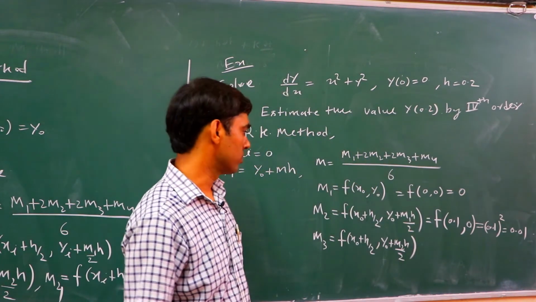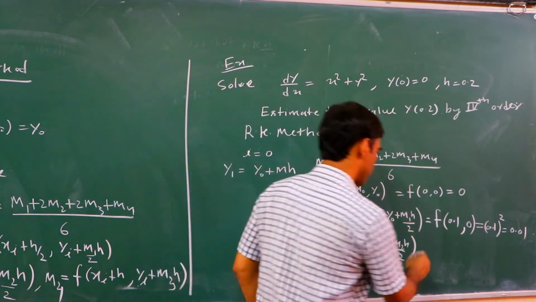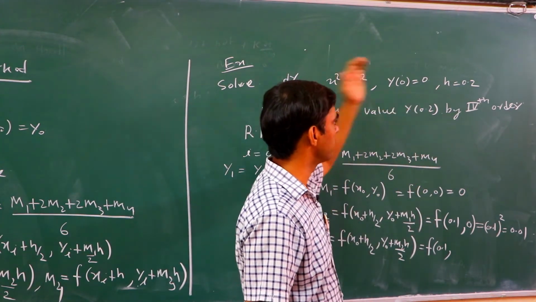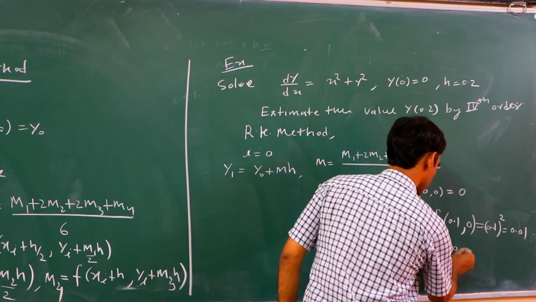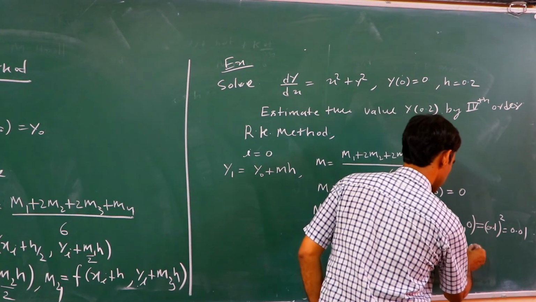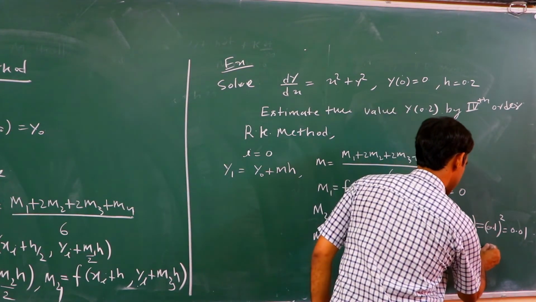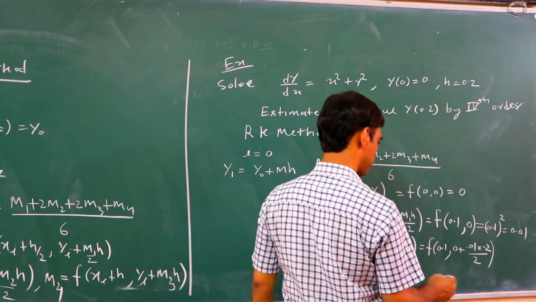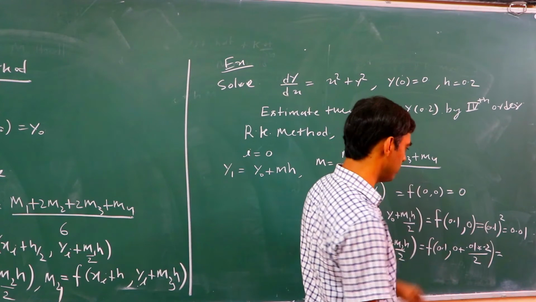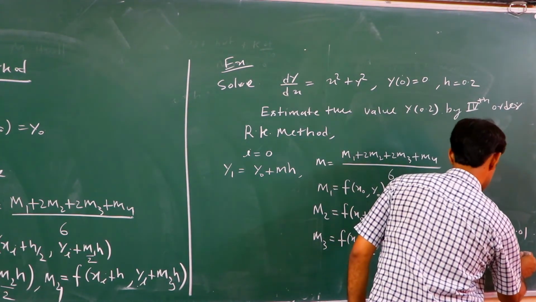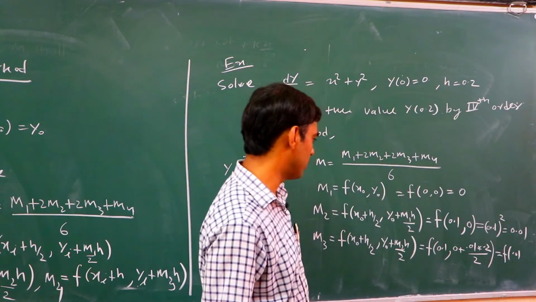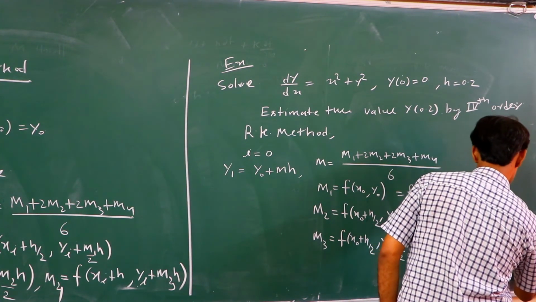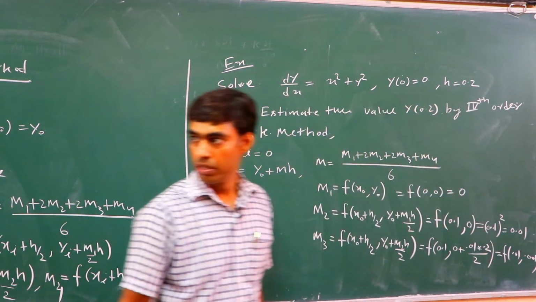So what is the value for this one? f of 0.1, comma, y0 is 0 plus m2, which is 0.01, into h, 0.2 divided by 2, and this becomes 0.001. So f of 0.1, 0.001.